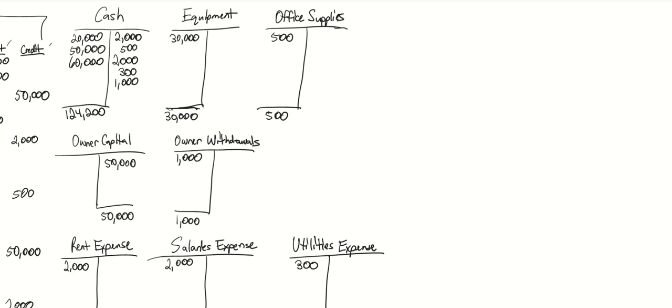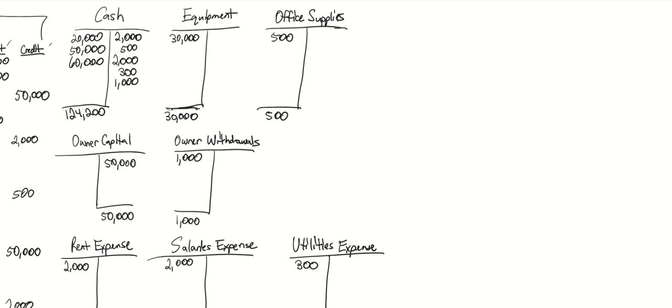Like I said before, this doesn't check for accuracy. Whenever your debit and credit columns do match, that doesn't mean that everything is correct. What it does mean is that you have the same amount shown in the debit column and also the credit column.